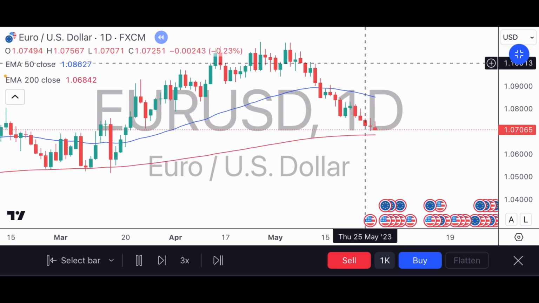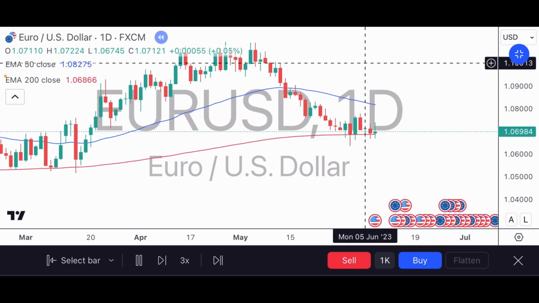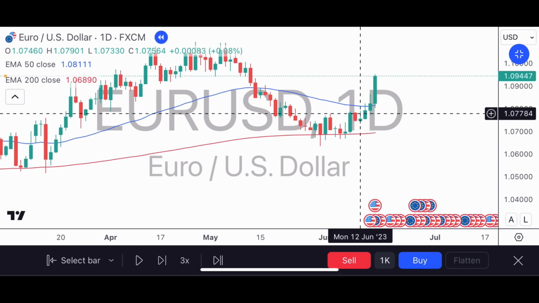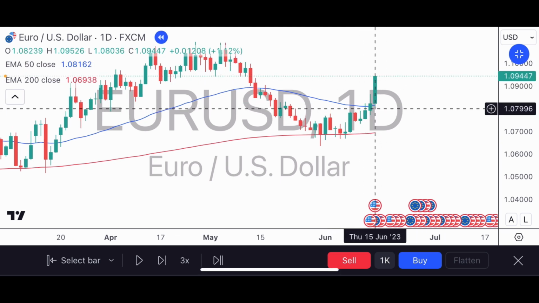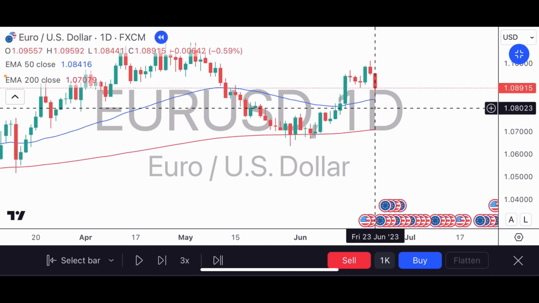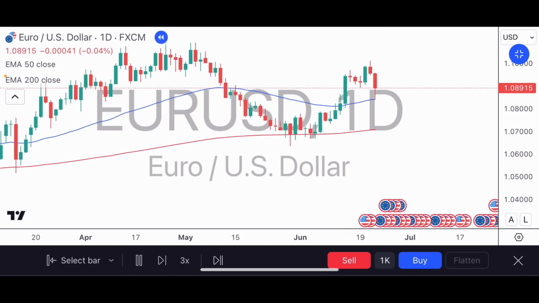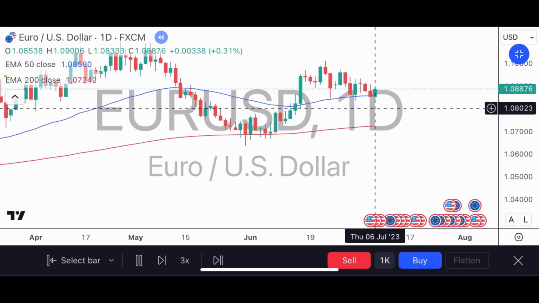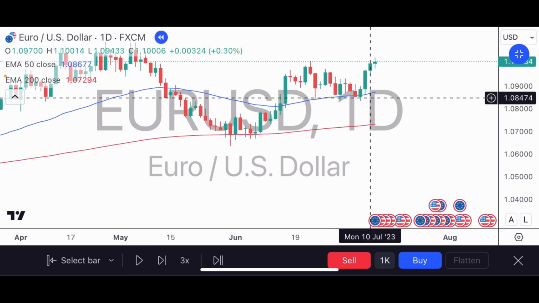Okay, looks like we have a huge retracement going on. Okay, and now it looks like we have a buy signal. Oh, it's Thursday, never mind. Okay, nothing as of yet. Okay, still nothing.